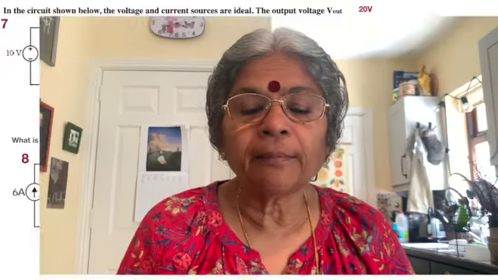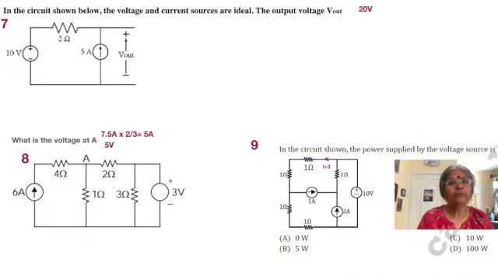Okay, problem number 9. We have done this earlier, but we'll do it in a different manner this time. Kirchhoff's current law can be used. So in this circuit, which has 10 volt, we know that this 10 volt is not going to supply any power. Still, we say that this 2 amps and 1 amps together now come to the node from the node connecting to the 10 volt source, and then it flows as I plus 3.